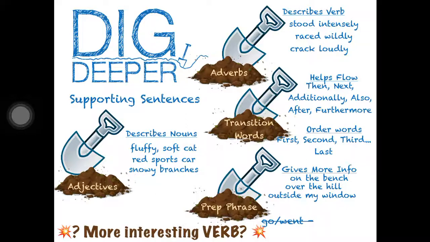A good example is using the word go or went. Okay? The boy went down the street. All right, so we do see a boy that's going down a street. It doesn't give us a real good image of how the boy is going down the street.